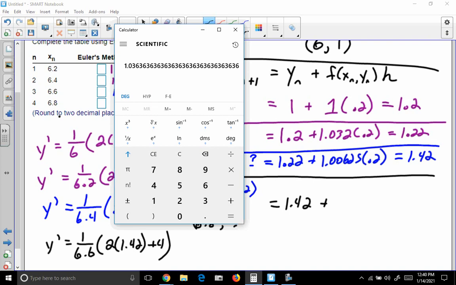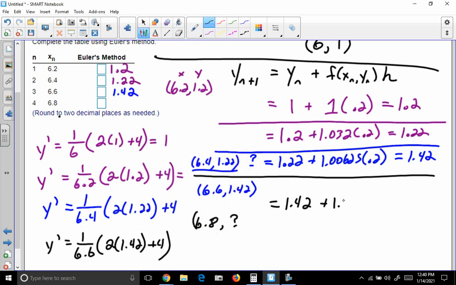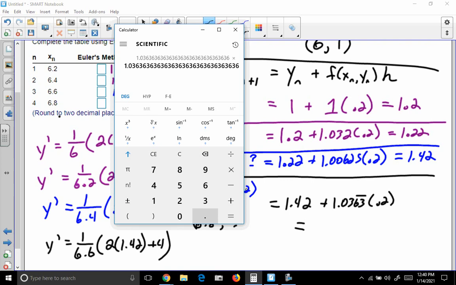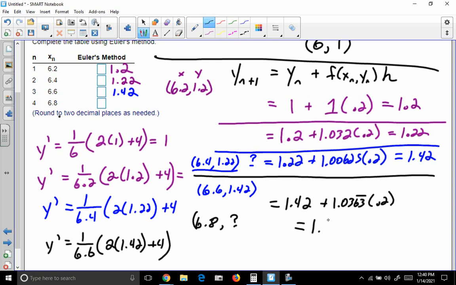I get about 1.0363 repeating. That's times 0.2. And then we add the 1.42 out front. So 1.63 to 2 decimals.